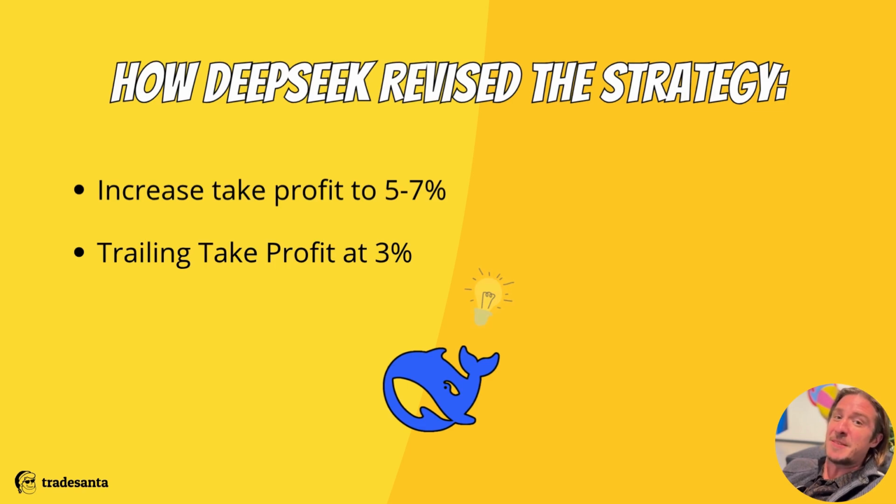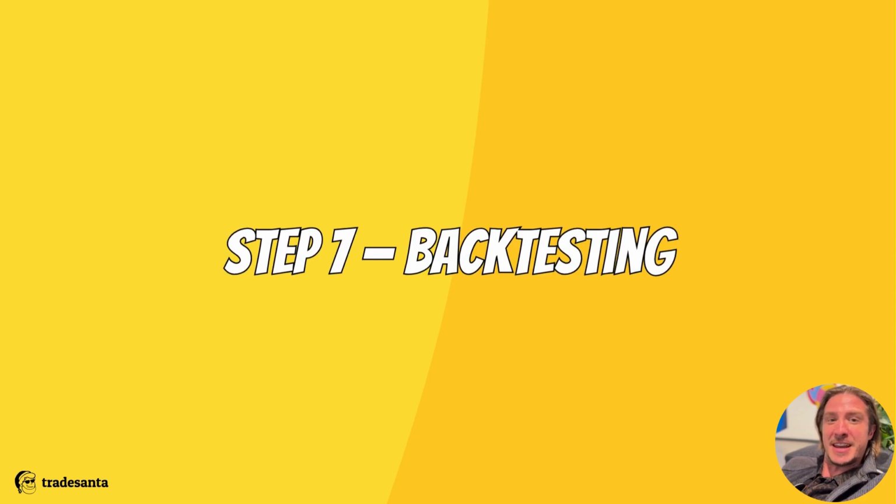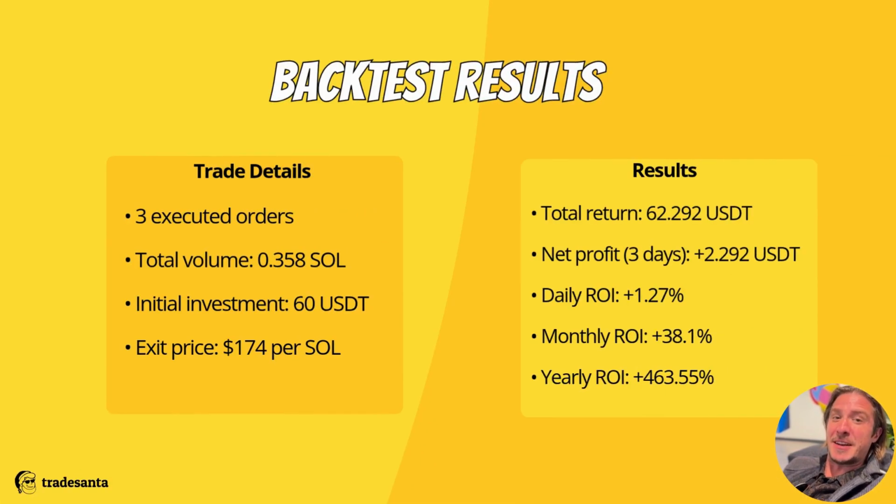DeepSeek revised the strategy and suggested increasing some of the bot's parameters. It answered that the take profit level should have been around 5 to 7%, with a 3% trailing take profit. So I ran a backtest with these settings, and in the end, the same amount of Solana would have been bought with the same $60 investment. But since the take profit was set higher, the bot would have had to wait longer to hit its target.